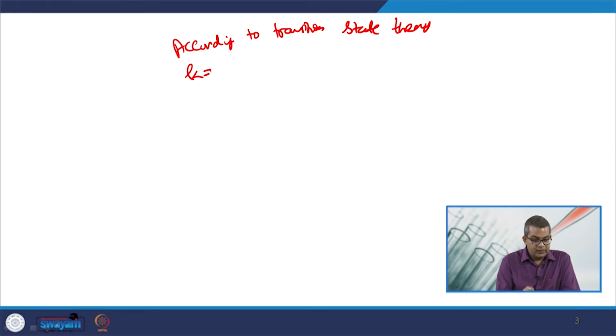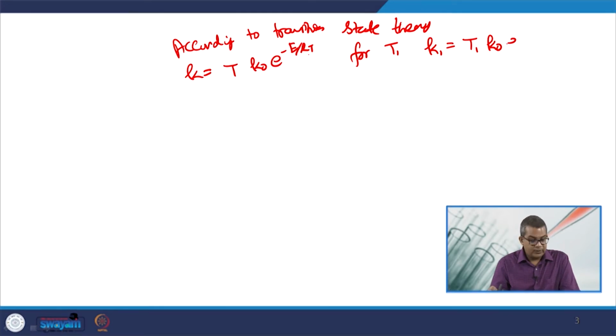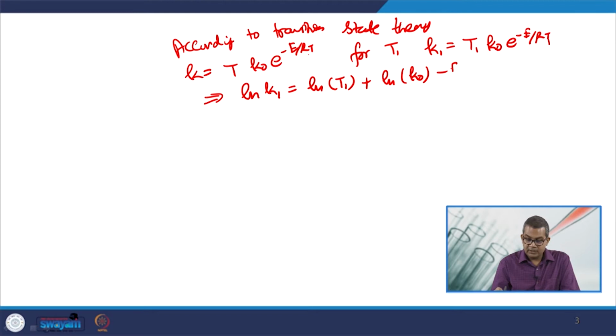Now K is equal to T K naught e to the power minus E upon RT. For T1, K1 is equal to T1 K naught e to the power minus E upon RT1, or ln K1 is equal to ln T1 plus ln K naught minus E upon RT1. Let us say this is equation number 8.